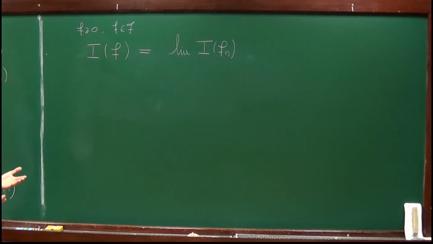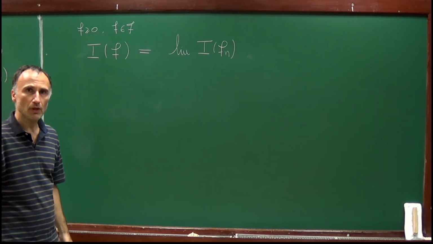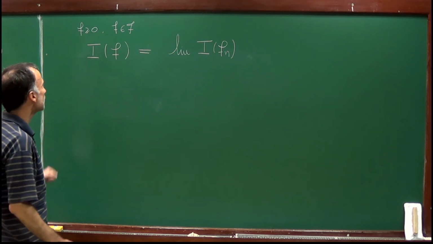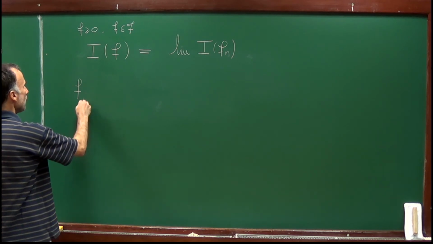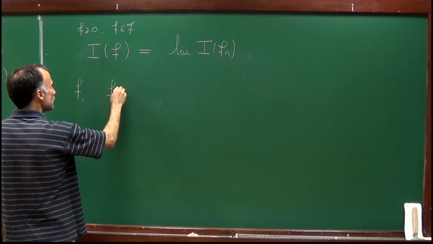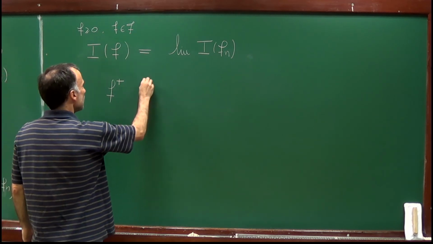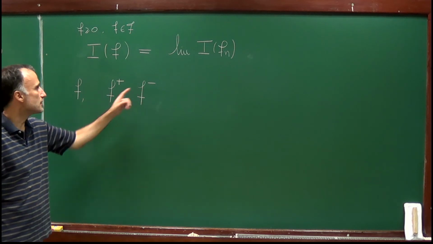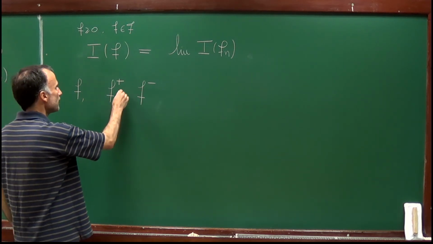Now I want to extend this definition to functions which are not necessarily non-negative. So let me take a function f. Well, we have shown that its positive part and its negative part are measurable and they are non-negative.